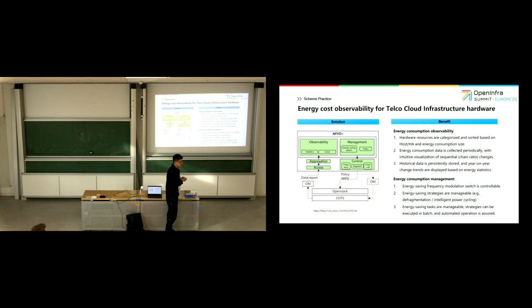One is the historical data for prediction, and the other is the latest data, which we use for real-time adjustment of the hardware state.